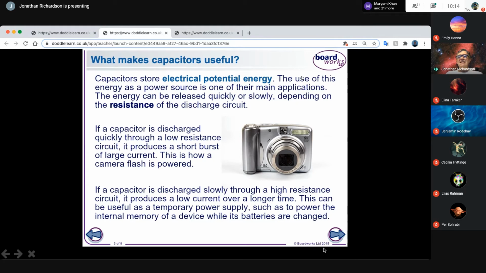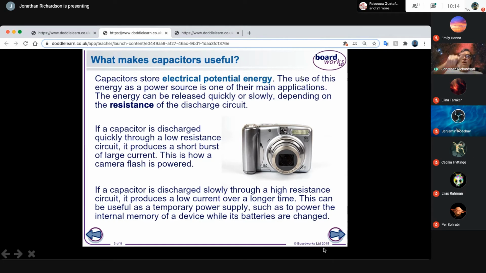Benjamin, yes, inside a power supply unit, we use capacitors, but we use them for something slightly different. We use them to smooth the voltage, because the capacitor charges up. Let's say your capacitor is able to charge to 12 volts.